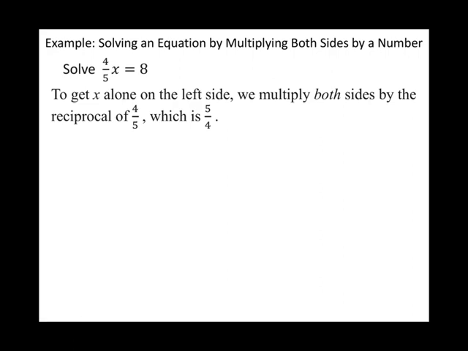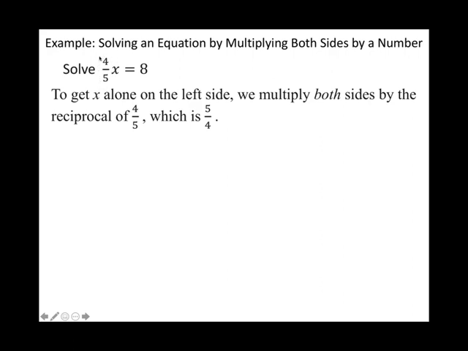Solving an equation by multiplying both sides by a number. I want to solve this equation, and I want to isolate my x here. So we're going to multiply both sides by the reciprocal of the coefficient of x.